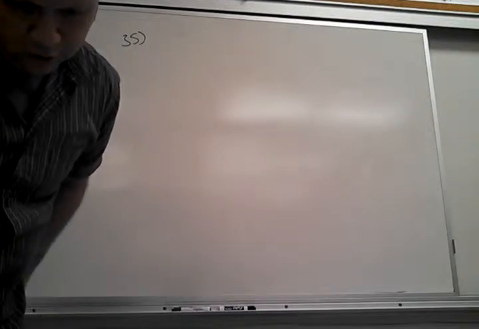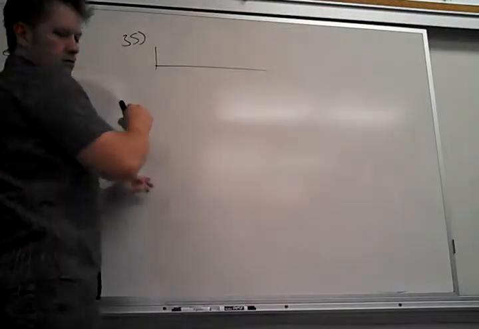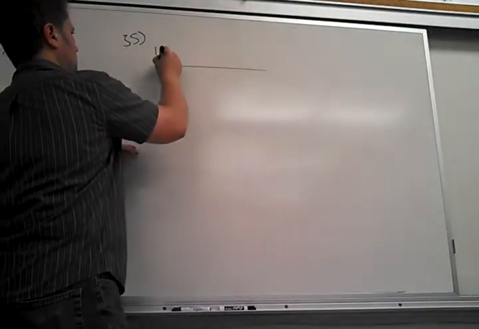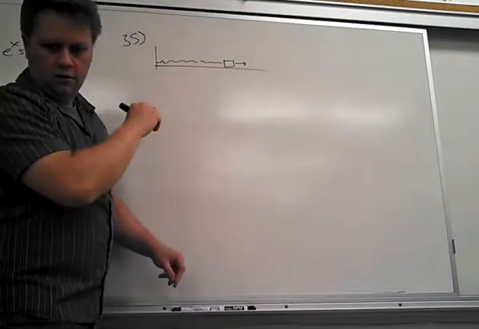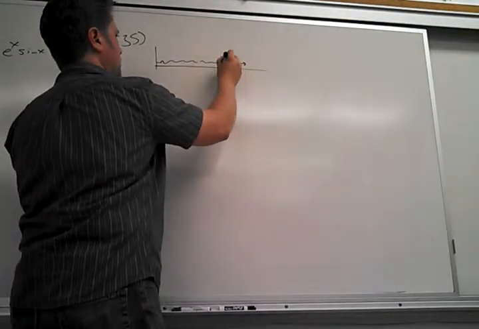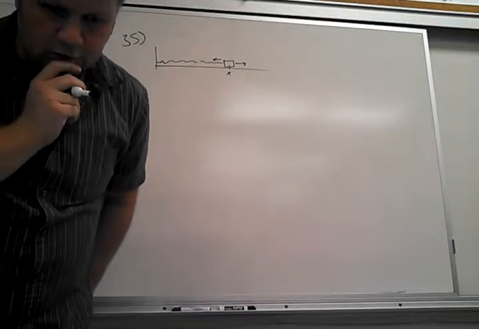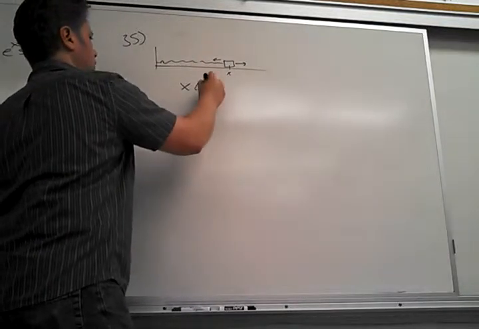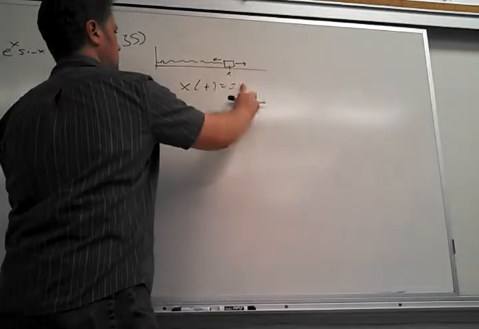A mass on a spring vibrates horizontally on a smooth, level surface. So it's moving back and forth. Here's your x. Its equation of motion is x of t equals 8 sine t, sorry.